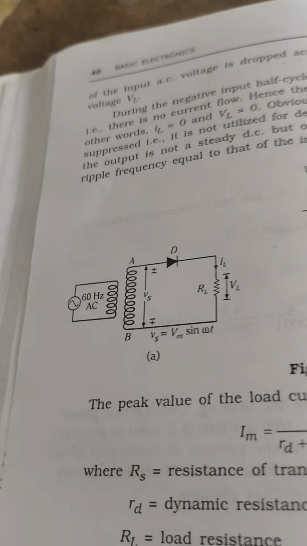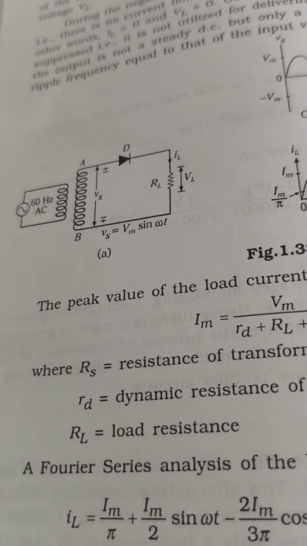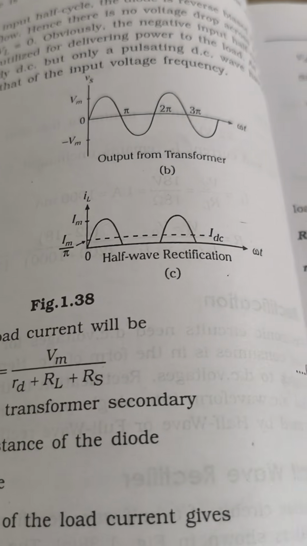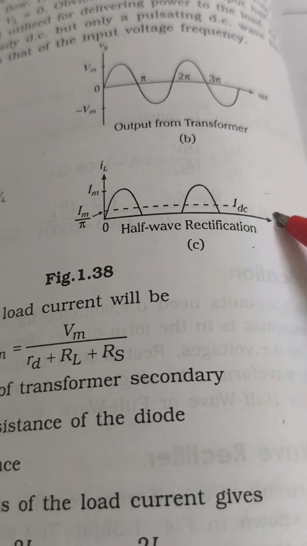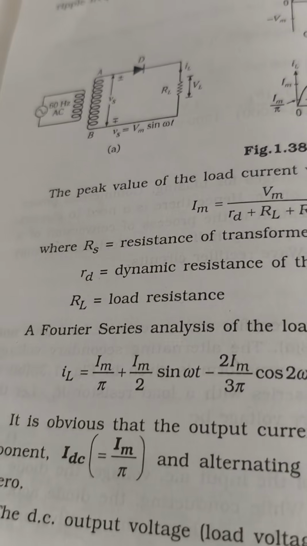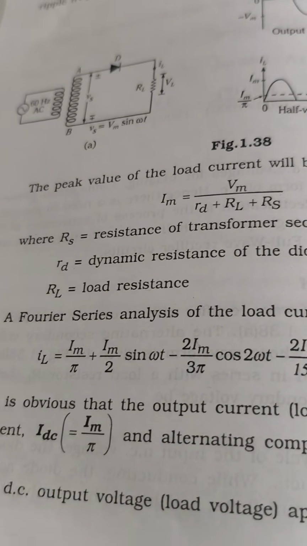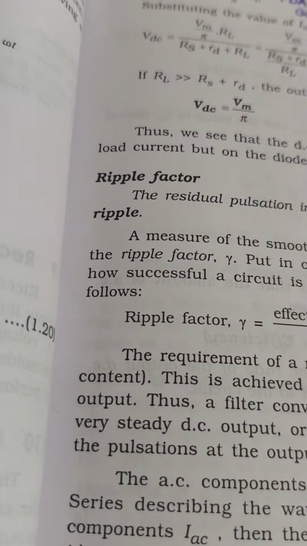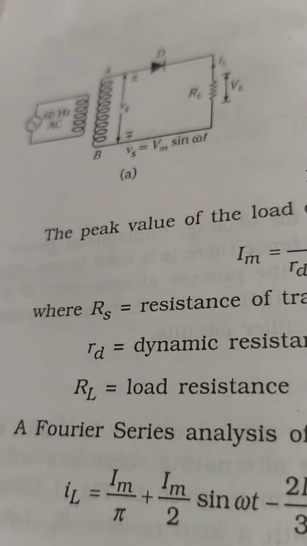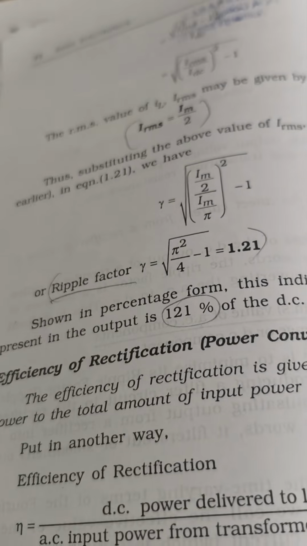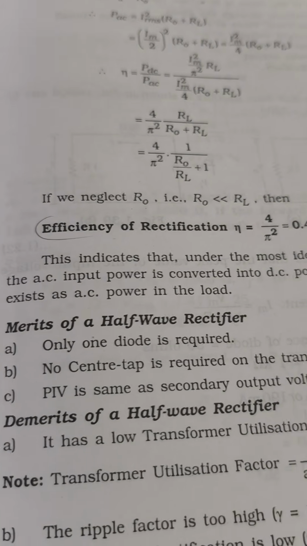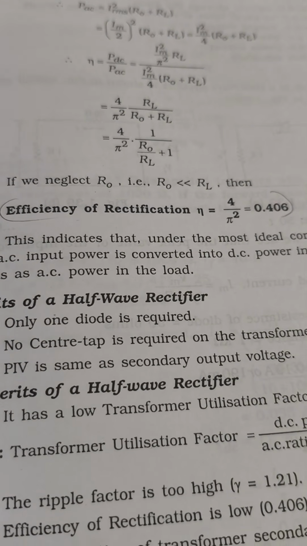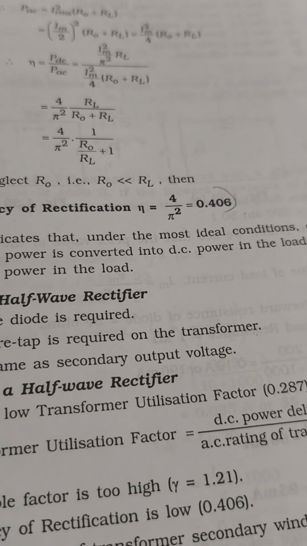This is about the half wave rectifier, how AC supply is converted by the half wave rectifier. Afterwards we'll have many terms like what is IM, what is IDC, what is ripple factor, what is efficiency of rectification. Our rectifier efficiency is only 0.406.